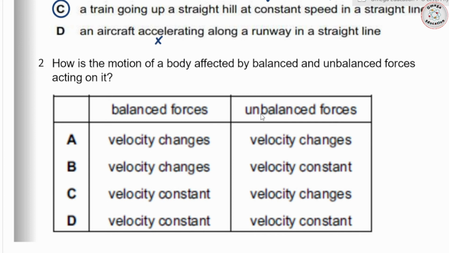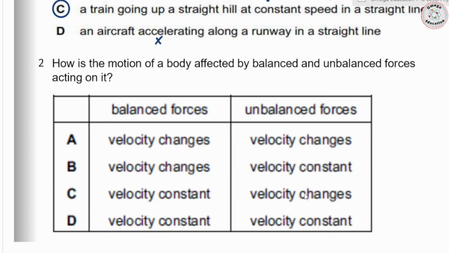How is the motion of a body affected by balanced and unbalanced forces acting on it? Anyone who would like to answer this one? Balanced forces, what happens to the velocity, and unbalanced forces, what happens to the velocity?